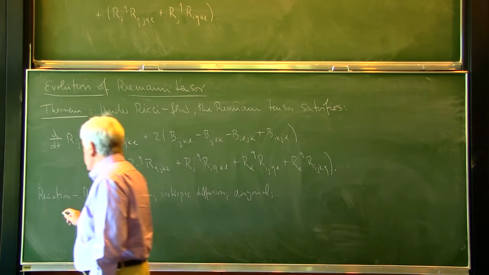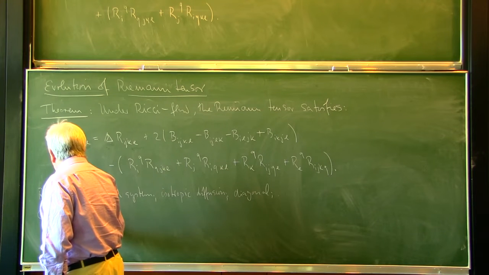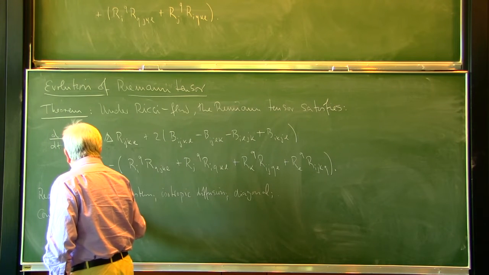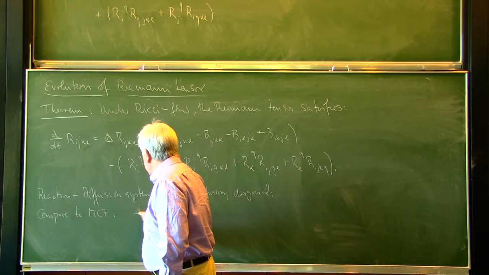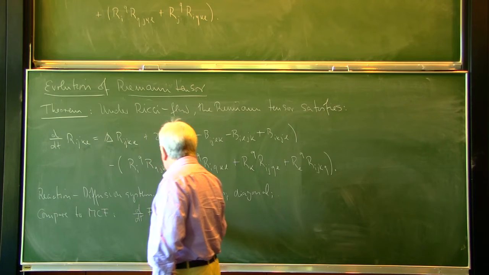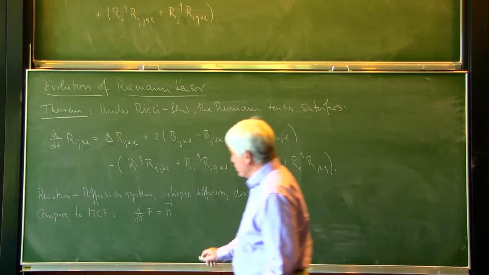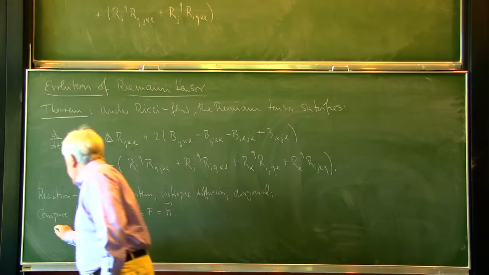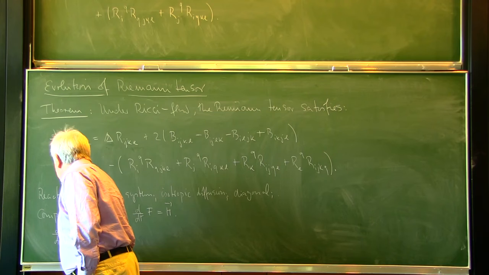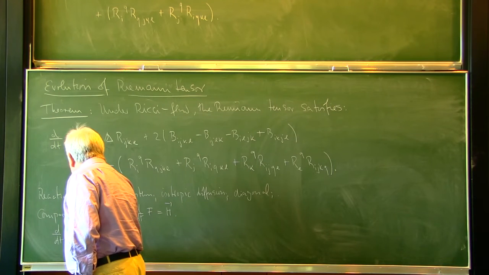Comparison again to mean curvature flow, where you had d/dt of the position, remember, is equal to the mean curvature vector for a hypersurface or a submanifold in Euclidean space. In that case, it turns out that d/dt of the second fundamental form has a very similar structure.